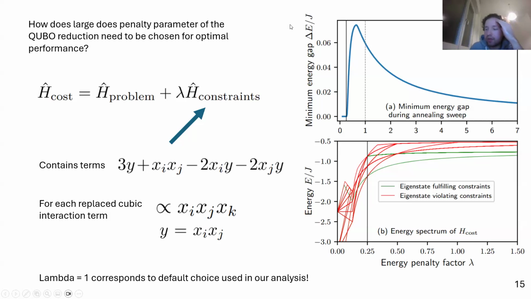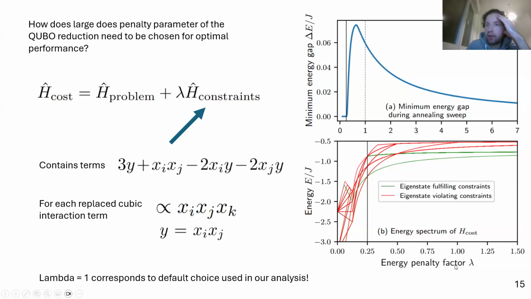And okay, to understand the behavior of this curve, we can look at the energy spectrum by varying this energy factor lambda. So here we see the first 30 eigenvalues of H cost plotted, and color-coded in green are eigenstates which fulfill all constraints, so would be valid solutions, and in red are eigenstates which violate at least one constraint.